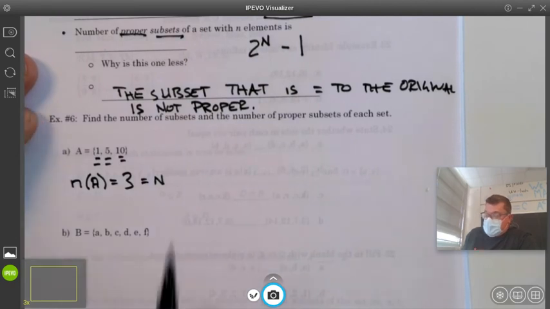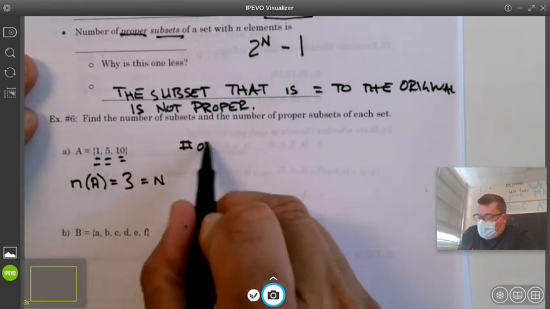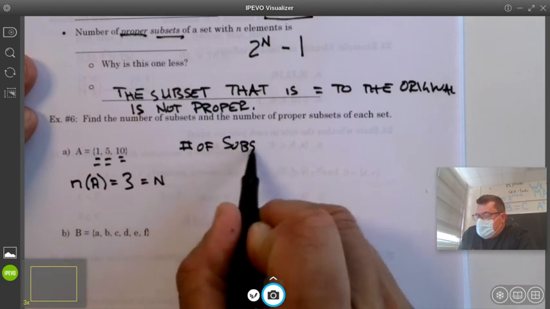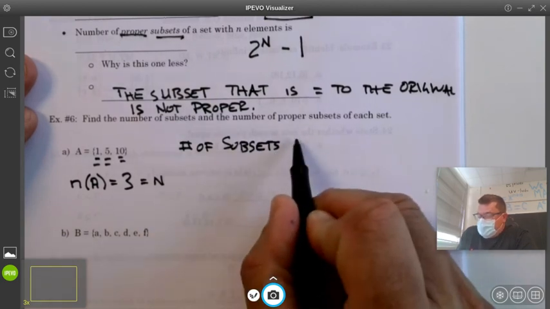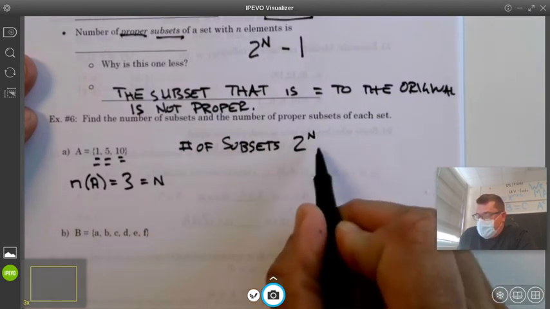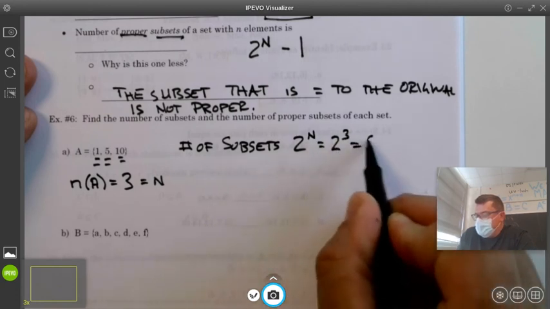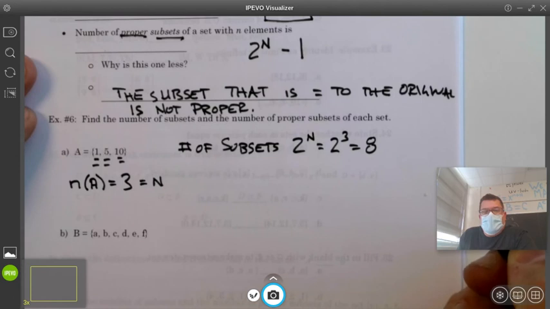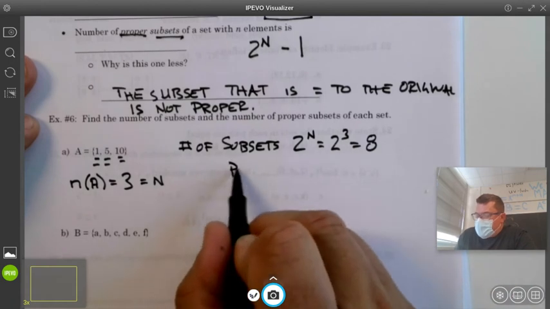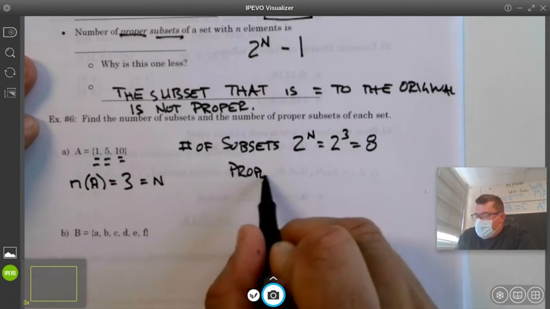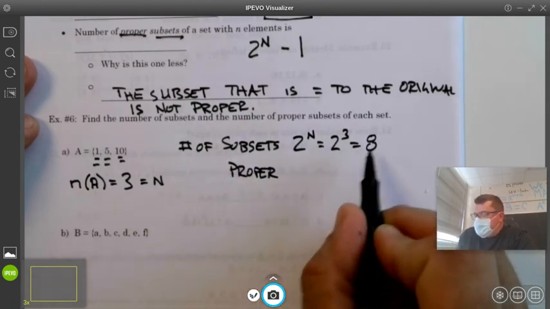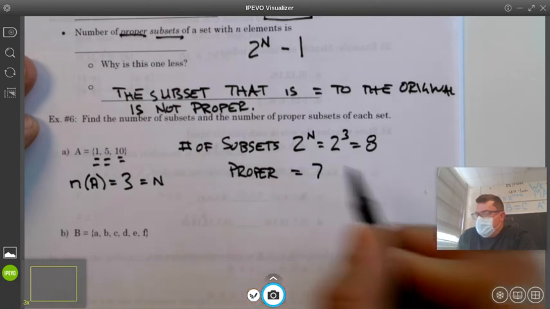The number of subsets is 2 to the nth. In this case, 2 to the third, which is 8. Is that okay? The number of proper subsets is 1 less than this, 7.